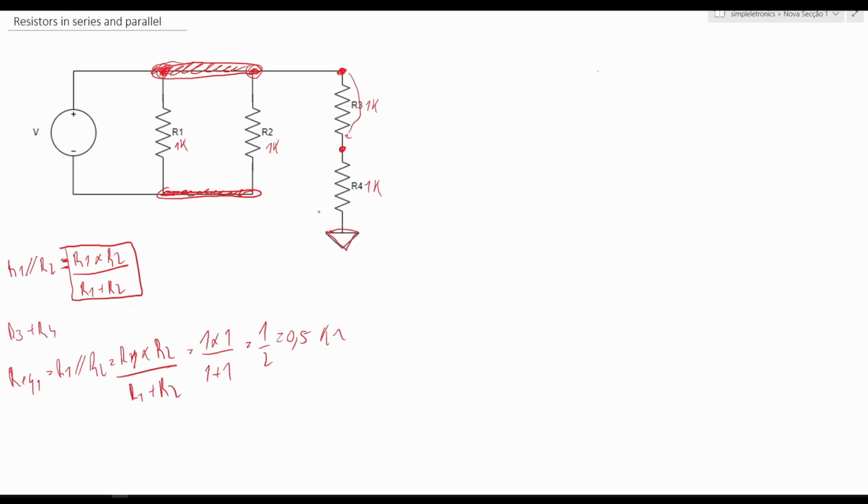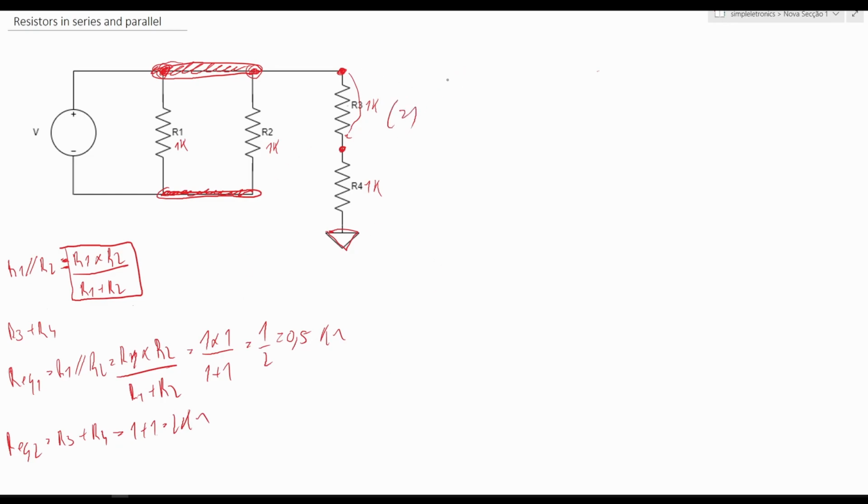Now these two resistors are in series, and that is R equivalent 2, which is R3 plus R4, 1 plus 1 is 2 kilo ohms.